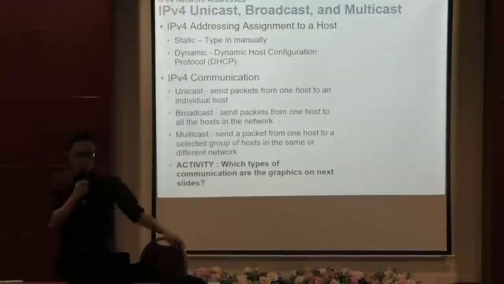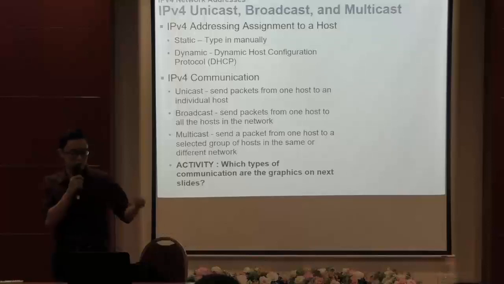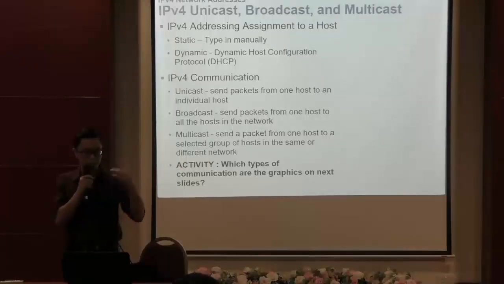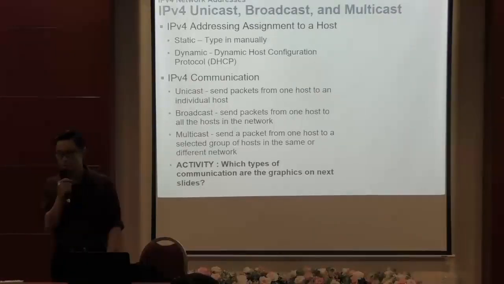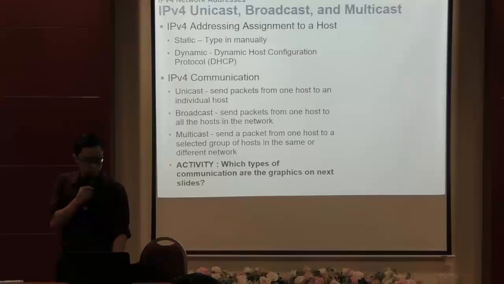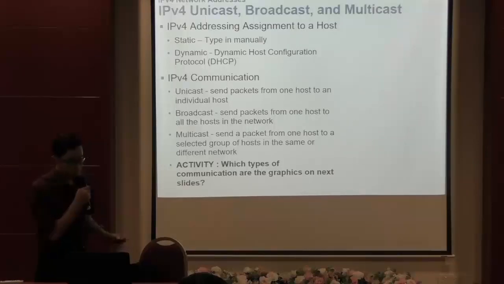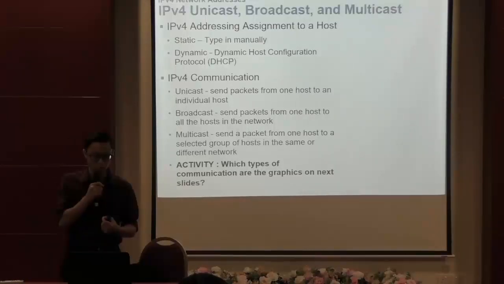Okay. So in IPv4 you have unicast, broadcast, and multicast. This IP address you can write statically, manually, or you can use dynamic, automatically. So how do these types of IP address communicate? Unicast will send a packet from one host to an individual host.